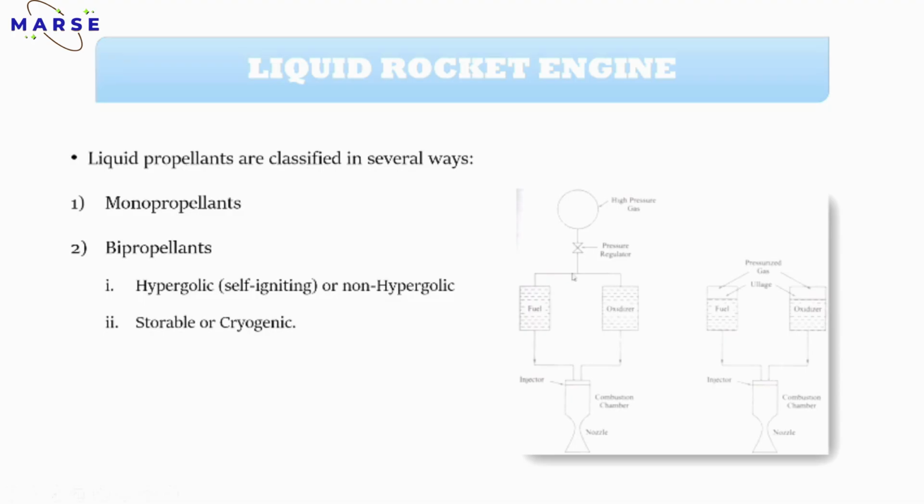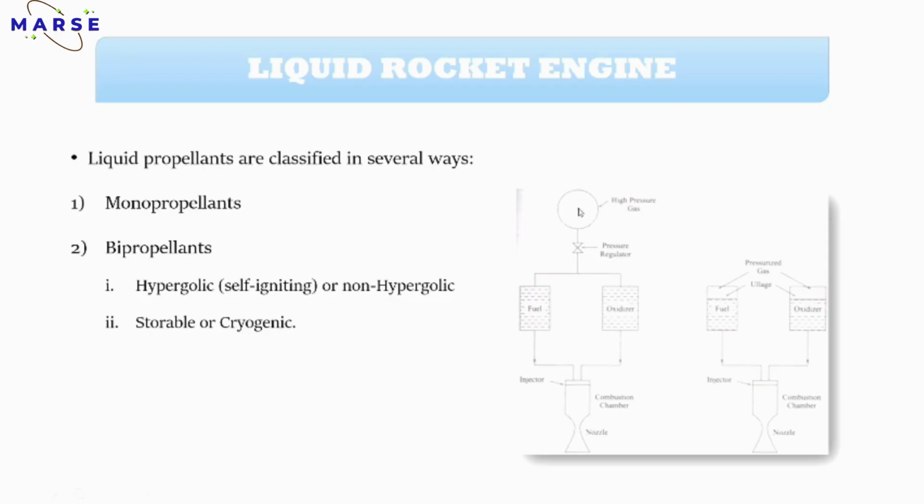A pressure feed system will be present here to pressurize the fuel tank or the oxidizer tank. Understood? There are basically two methods for pressurizing any fuel or oxidizer tank. The first method is to store the pressurized gas in another part, another chamber.